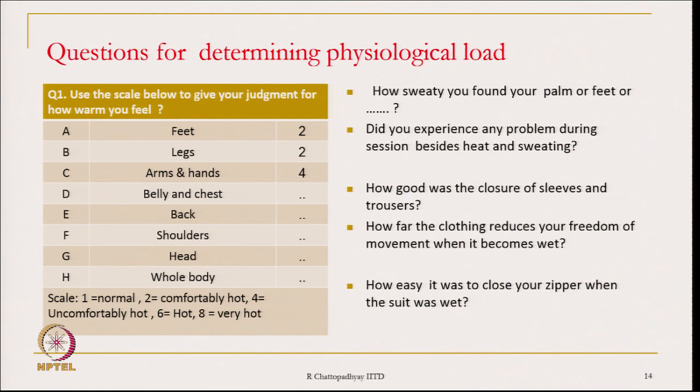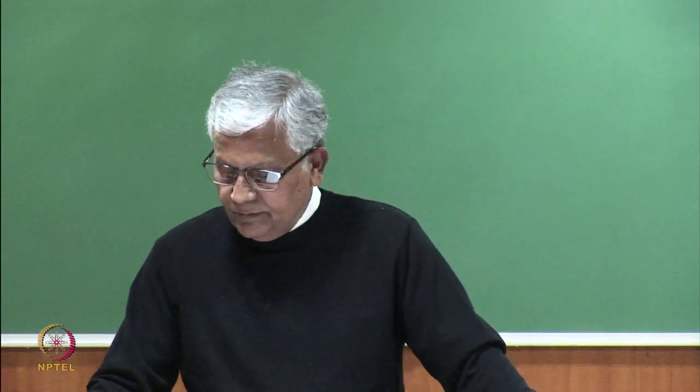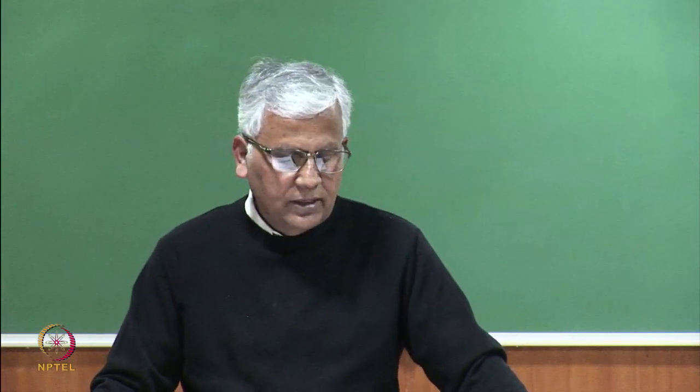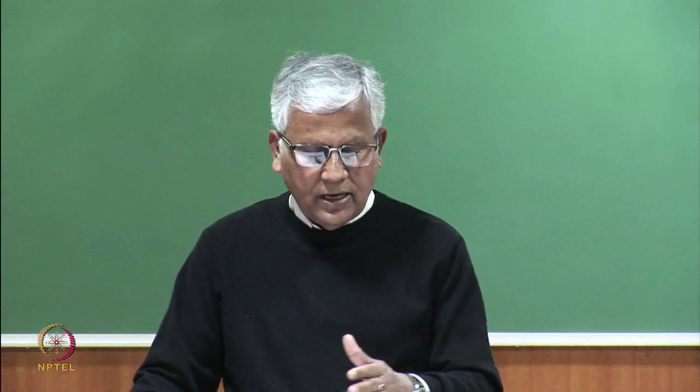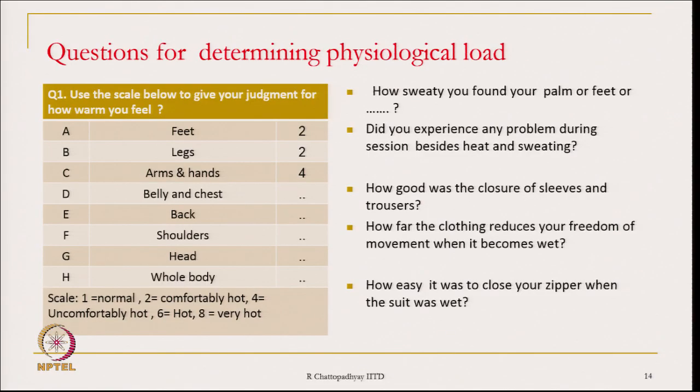These are the different feet, legs, arms, the different parts of the human body, and on the right hand side values are quoted. A few values are just arbitrary values I have given in the table, but while actually carrying out the need exercise, while you are interviewing the person, we can ask such questions and try to find out what is the performance of the existing garment.